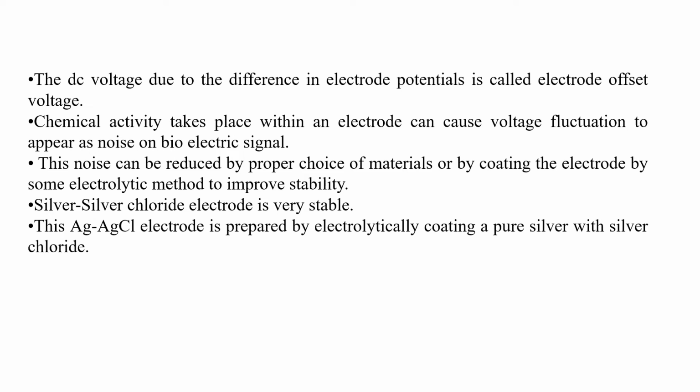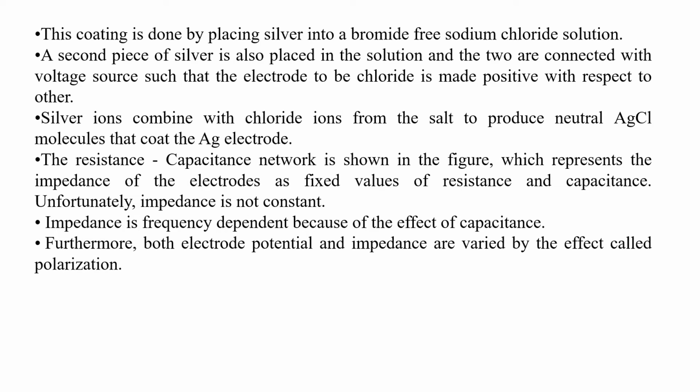The best option to improve the stability as well as to reduce the noise is to use the silver chloride electrode, that is the AgCl electrode. This Ag/AgCl electrode is prepared electrolytically by coating pure silver with pure silver chloride.